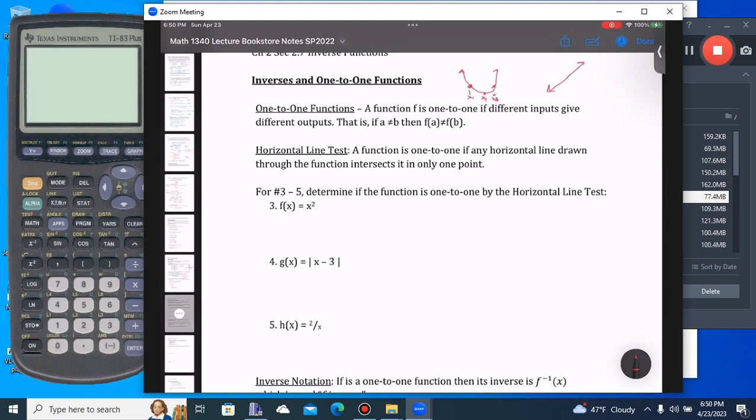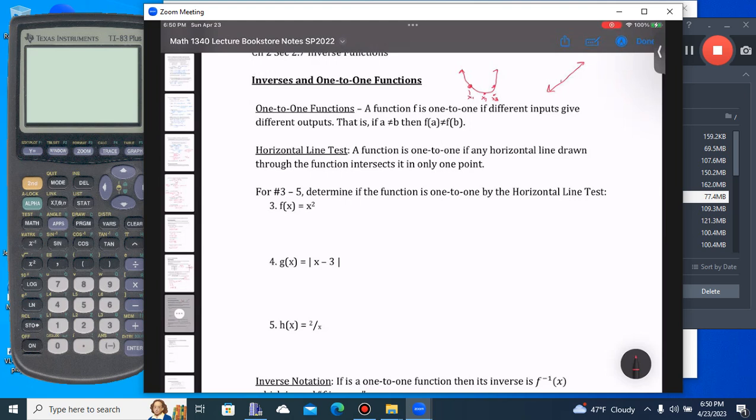If it's not one-to-one, then you're going to have multiple x values give you the same y value. So the quadratic is not one-to-one because there are multiple x values that give you that same y value. x1 here and x2 here give you the same y value.